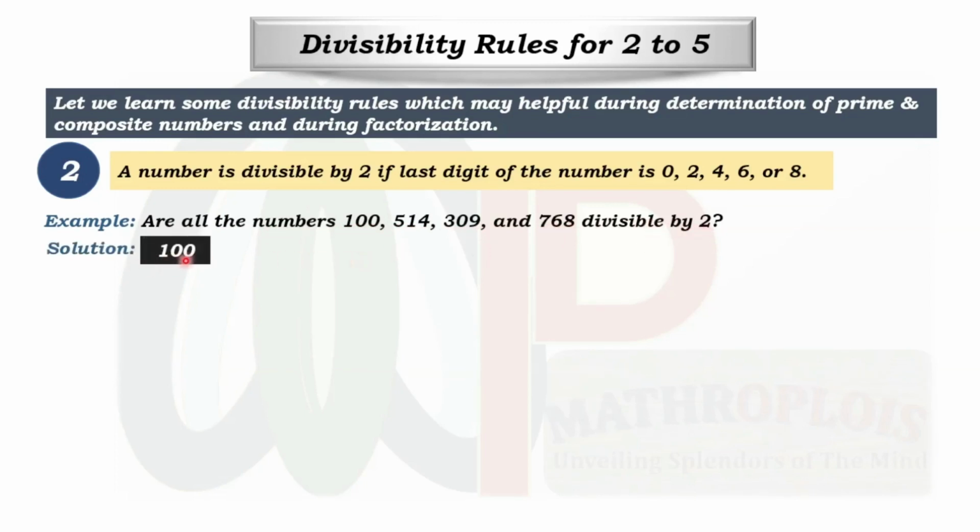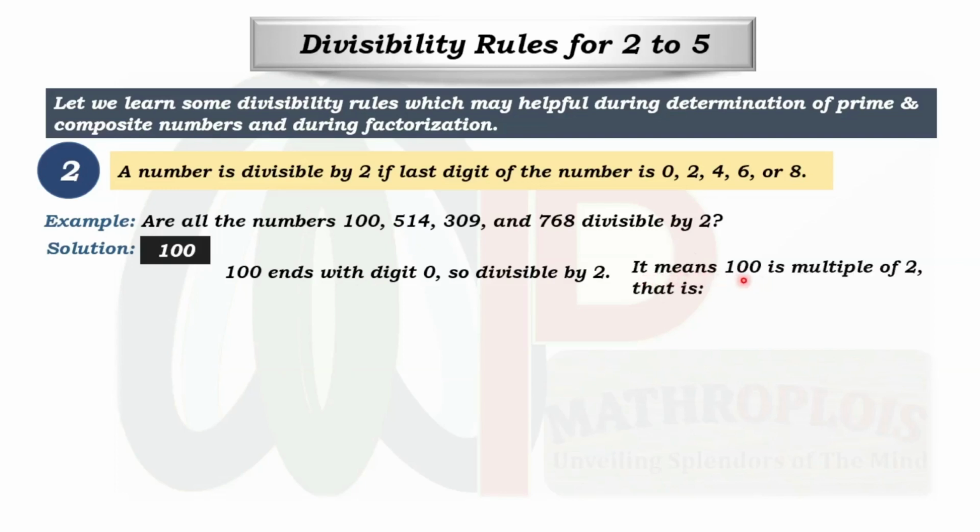First number is 100. The number 100 ends with digit 0, so divisible by 2. We check divisibility of 100 by 2. The number 100 is divided by 2 completely, with an answer 50, which is a complete whole number.